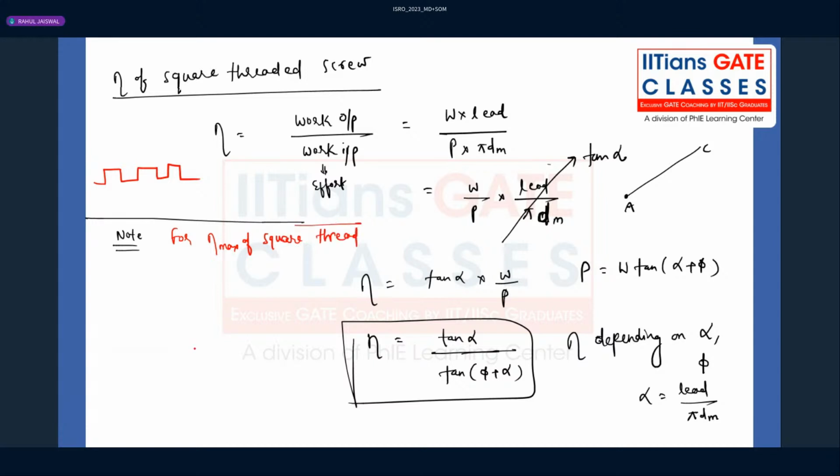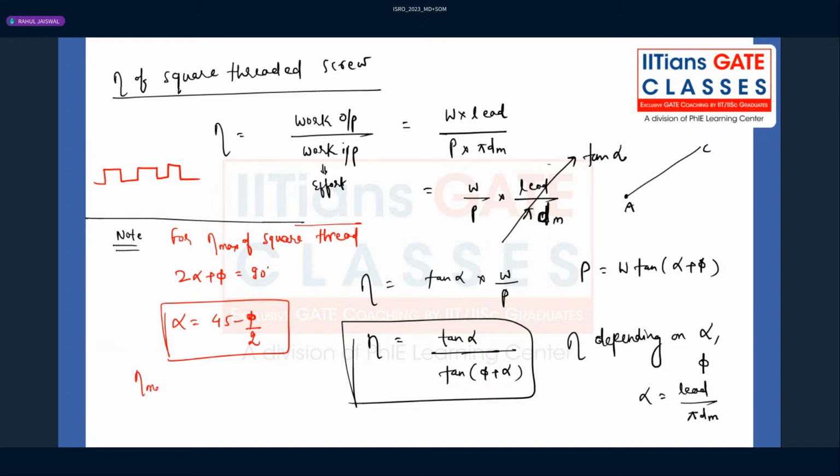Maximum efficiency will be there when 2 alpha plus phi is equal to 90 degree. Or we can write alpha is 45 minus phi by 2. Note down, when alpha is equal to 45 minus phi by 2.